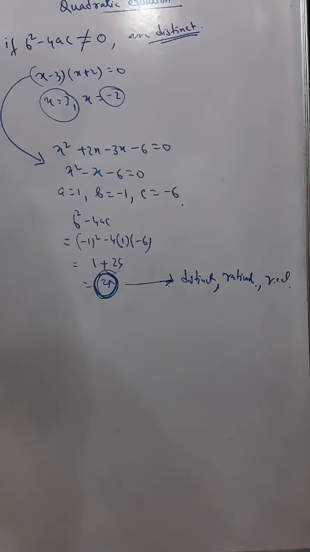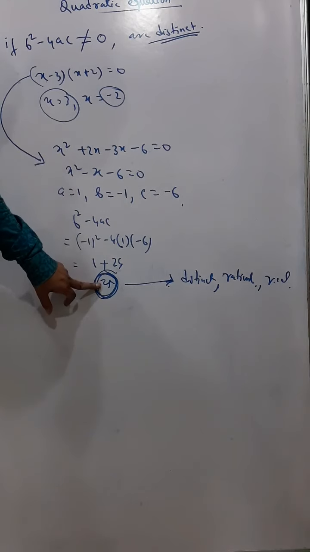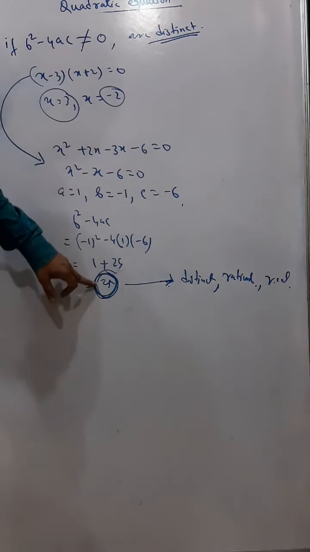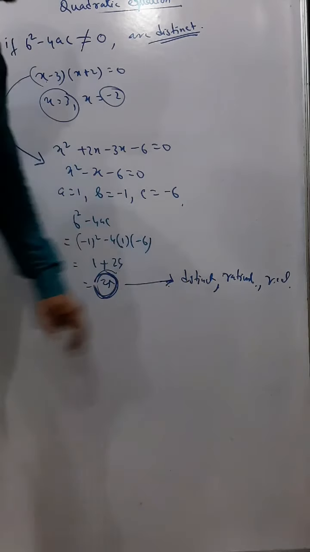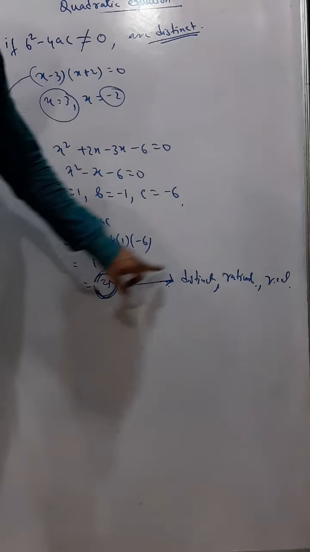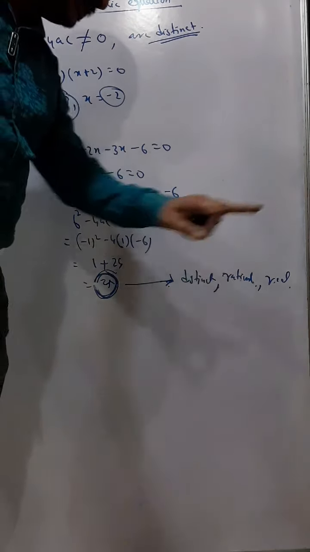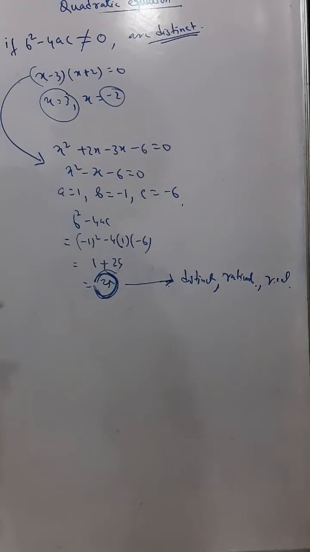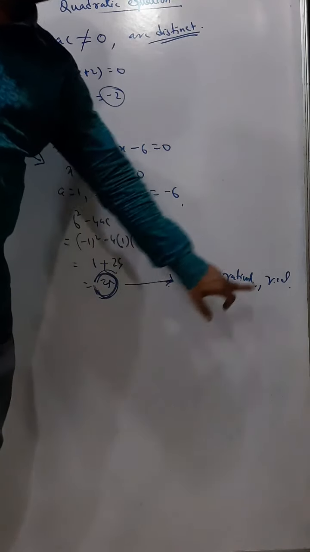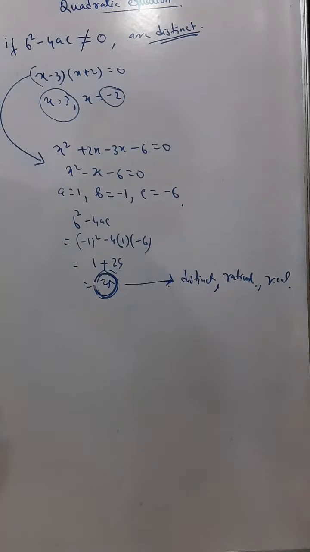From this value of 25, first of all, it is not equal to 0, so that means it is distinct. Second, it is a perfect square number, so therefore we can say it is rational. And third, the value is greater than 0, and that means it is real. So understand? Okay.